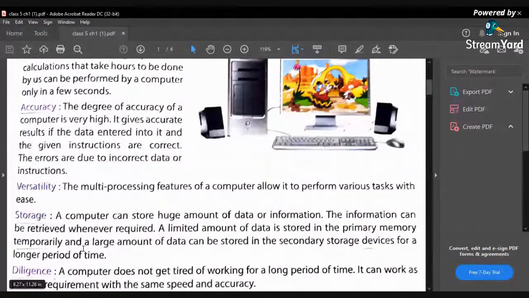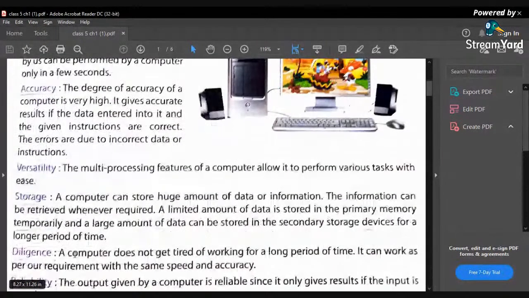means that you do a lot of work with the help of the computer at the same time. Students, when you play with the help of the computer, at that time you can watch movies or listen to music. So you can do more work with the help of the computer in a single time.